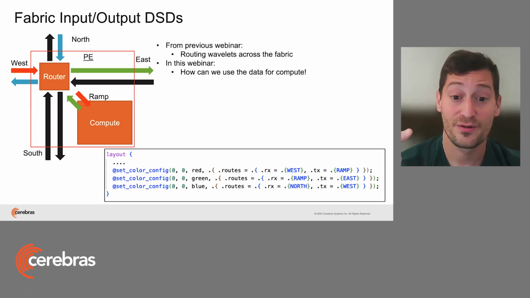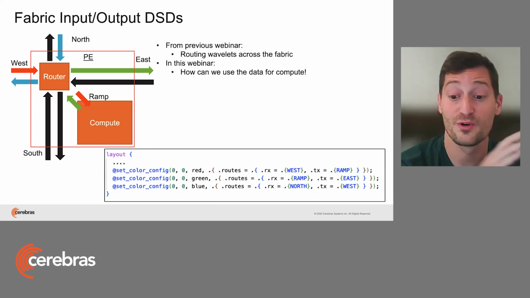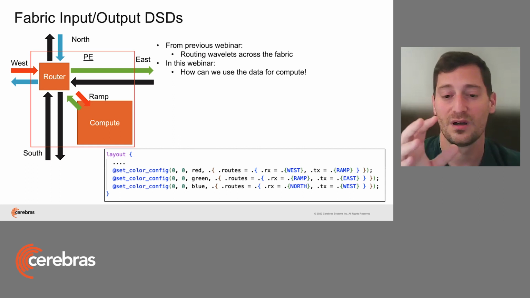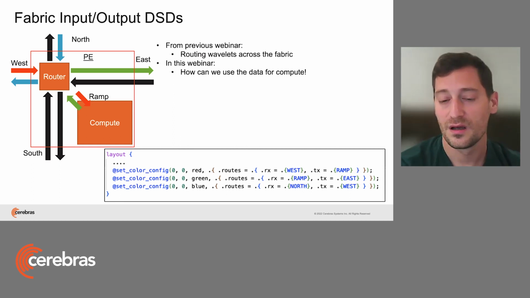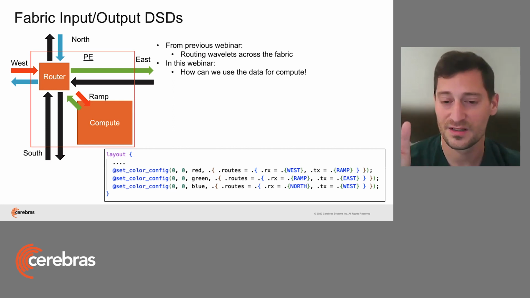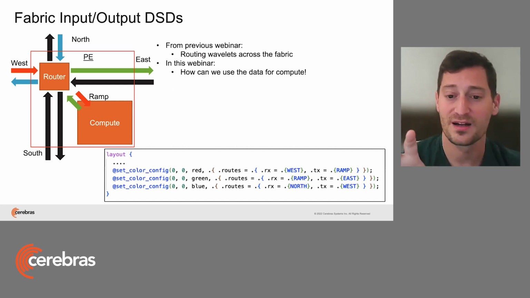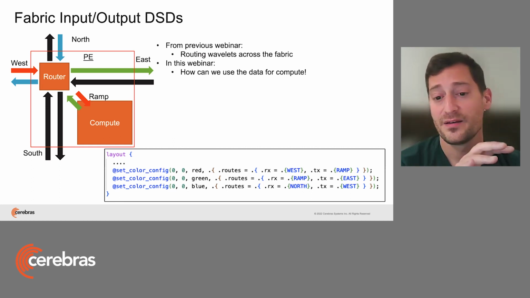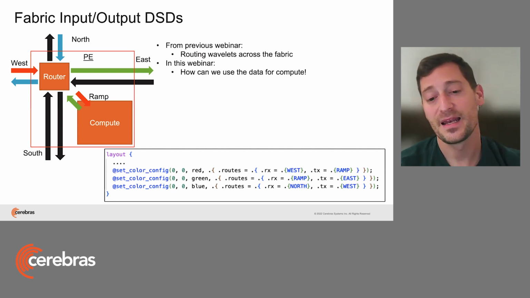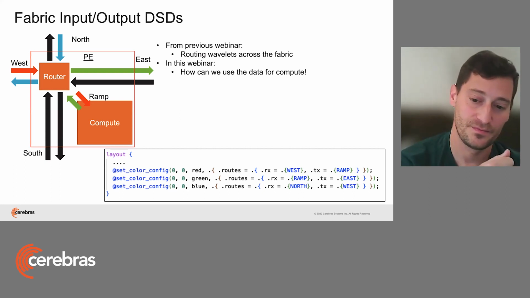So within the core, there is a router that we can configure using the set color config built-ins, and this router will forward data in receive and send data across the 4 cardinal directions, and also it can send data to the compute element, the core, where the actual compute takes place, and it can receive data from the compute element.